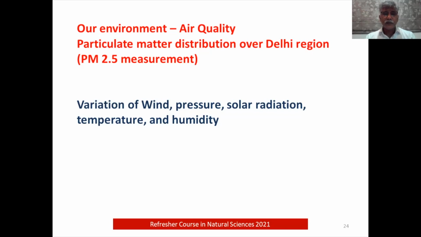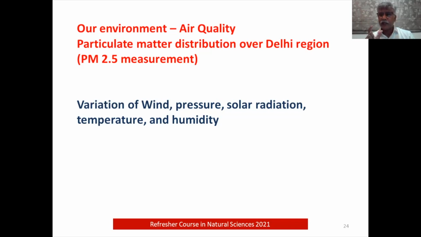Okay, so I will show you the particulate matter distribution over Delhi, and what the role is of the variation of wind, pressure, solar radiation, temperature, and humidity. All these parameters contain both physics and chemistry. Some of the variation we can take on a daily basis, so you can average daily, and some you can show on an hourly basis.